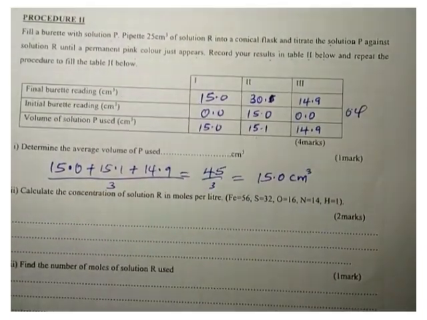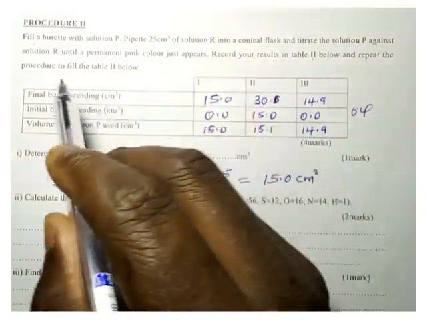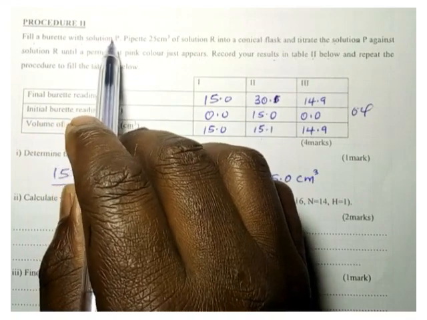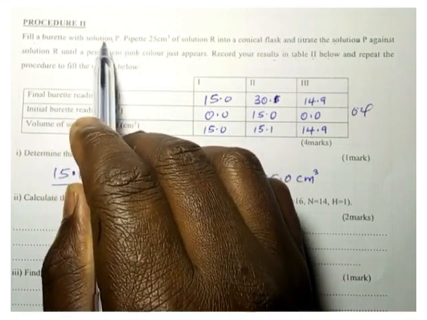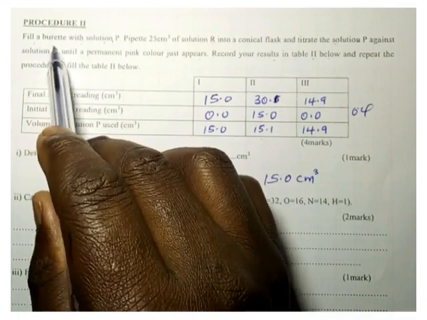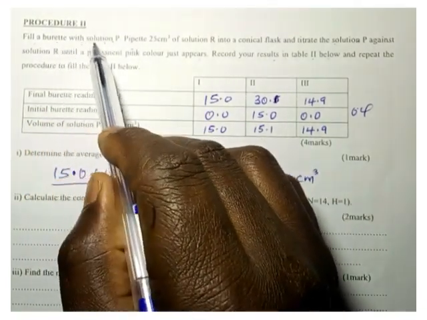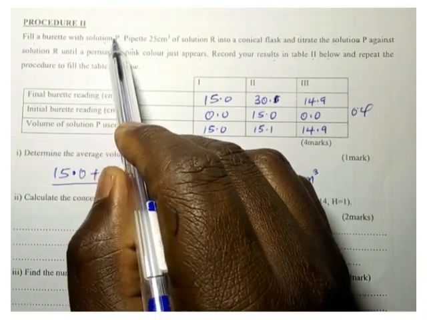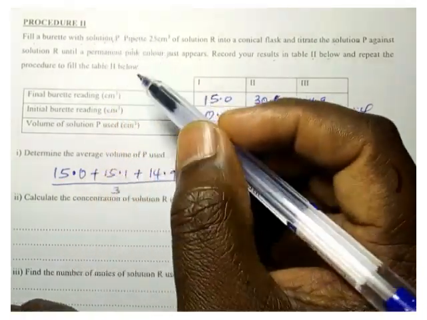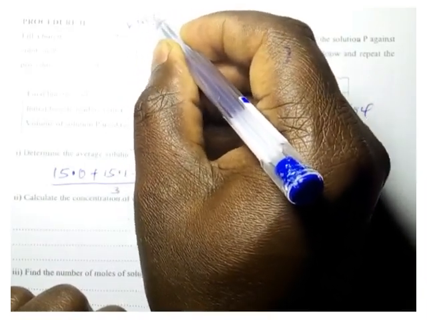So first I want to take you back. For you to avoid confusion, you need to understand which solution is in the pipette, which solution is in the burette. Which solution did you pipette, and which one is in the burette? We have seen that solution P was potassium permanganate acidified.